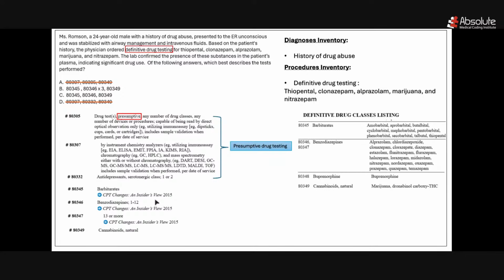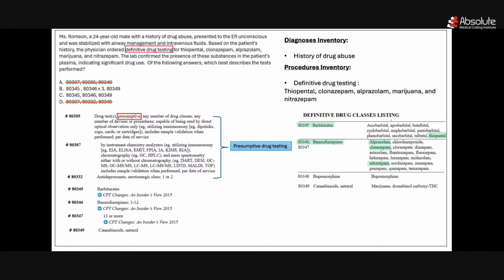This is the definitive drug listing with the help of which we are going to pick the correct answer. We have a definitive testing performed on thiopentol, which is a drug belonging to the class of barbiturates. Do you all agree with me on this? Let me know in the chat. And we have clonazepam, alprazolam, as well as nitrazepam.